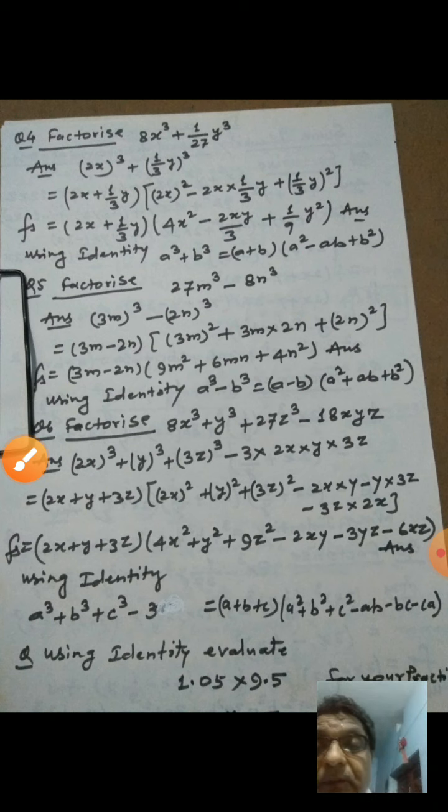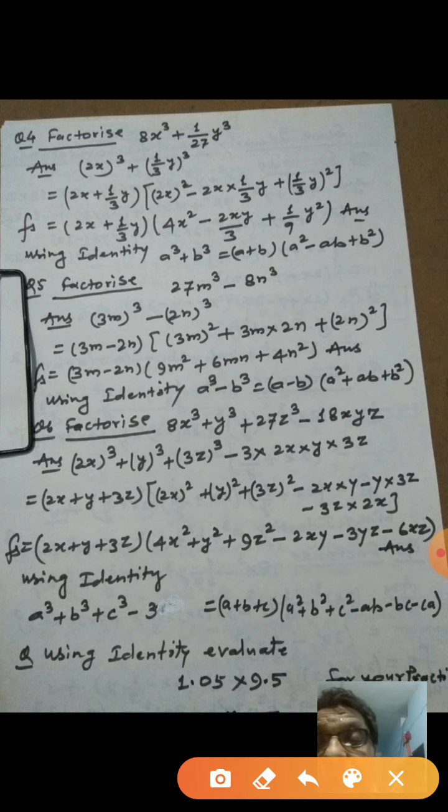Okay, now we take one very important question, and it is a peculiar one. Here you see question number 6. It is the last question of identity based here. So the question is 8x cube plus y cube plus 27z cube minus 18xyz. Here you see what is the identification, that is the benchmark, that is the key point.